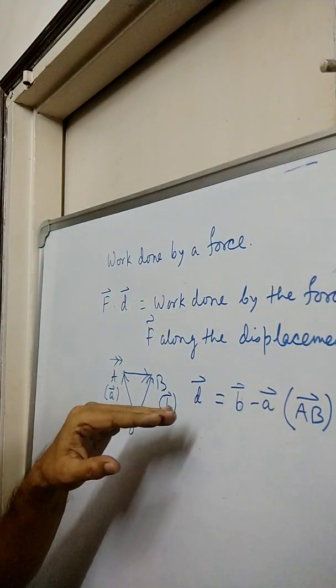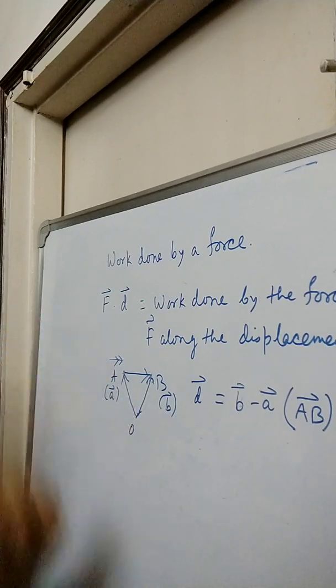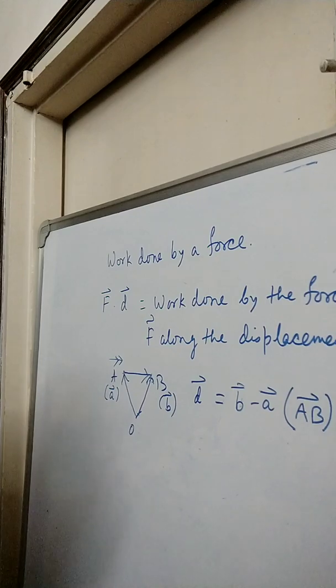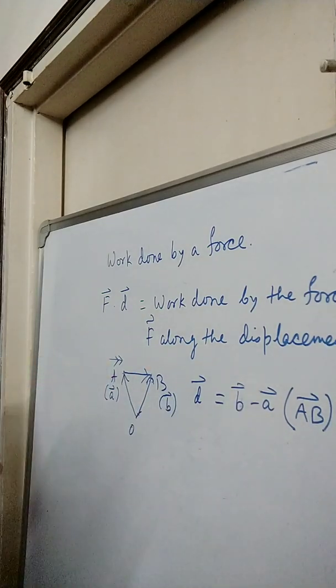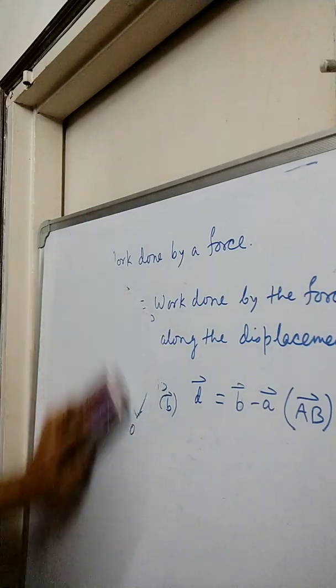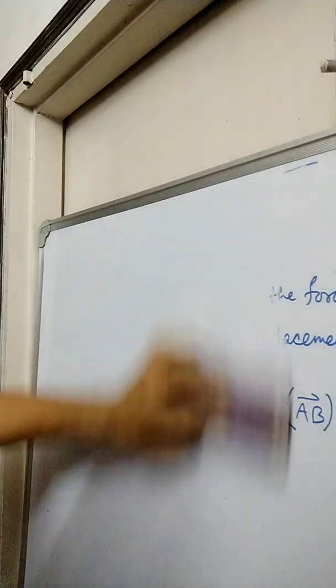The direction is not that much important here because the work done is a scalar quantity, but in case of moment this would be very pertinent and very important. Let us see what happens in case of a moment of a force about a point.